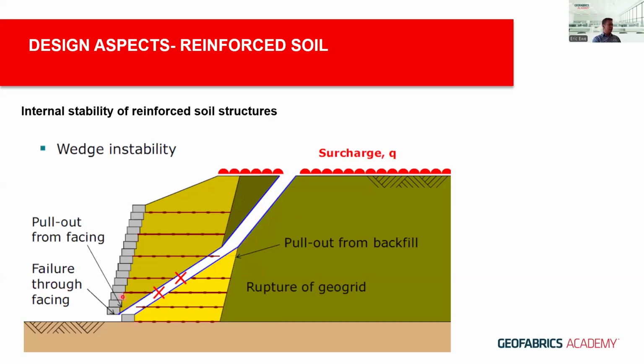The third part comes down to checks on failure through the connection between the geogrid and the types of facings. Certain types of facings are more critical on connection strength compared to other types, and on how vertical you are constructing your reinforced soil structures. This can be another presentation, but I'm just going to leave that for now with this internal stability.